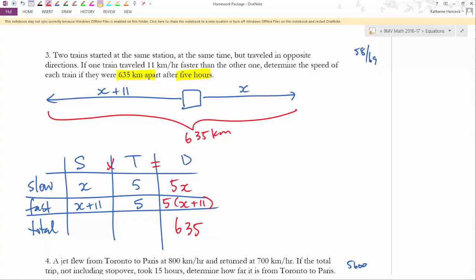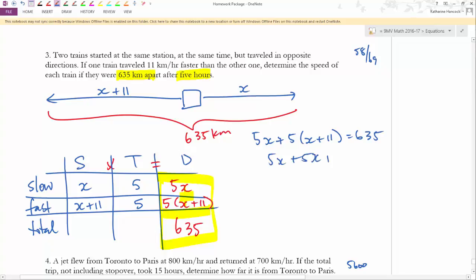So my equation is going to come from here. That plus that equals 635. So 5x plus 5 times x plus 11 equals 635. 5x plus 5x plus 55 equals 635. 10x equals 635 minus 55, which is 580.